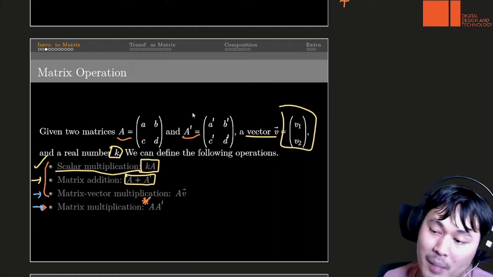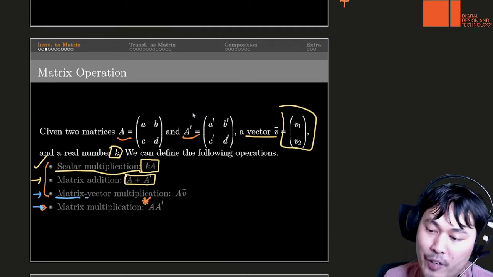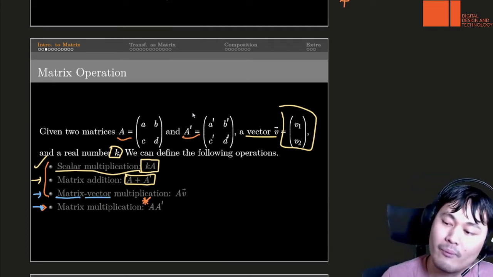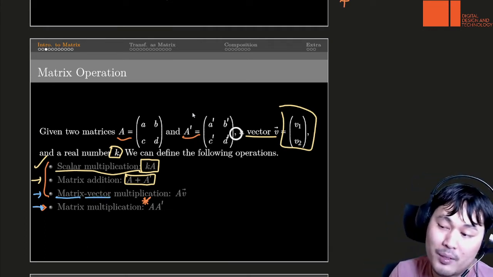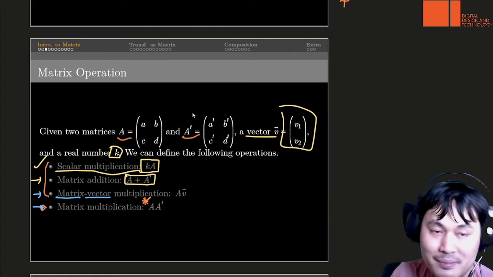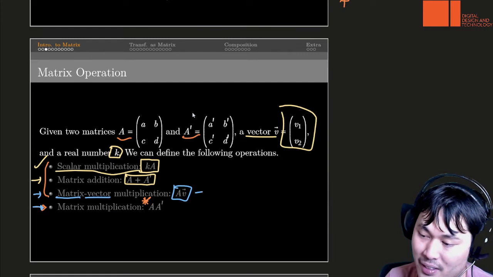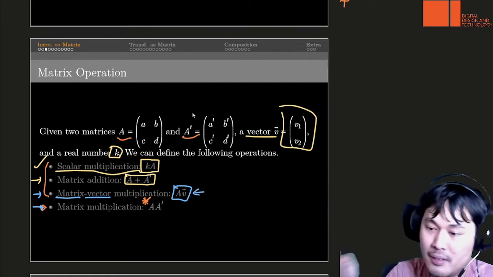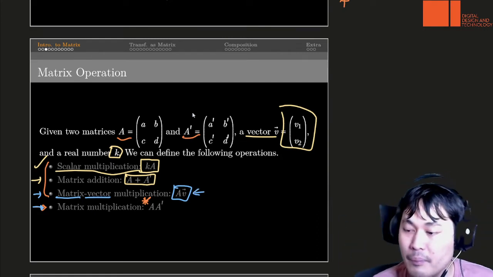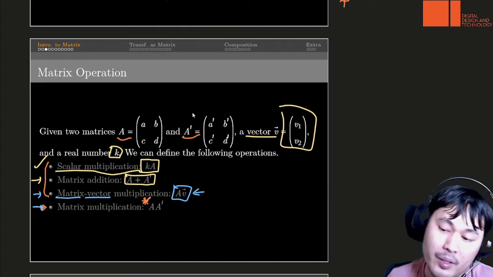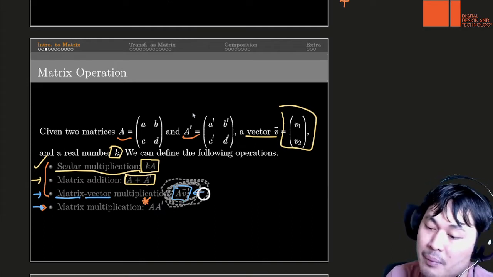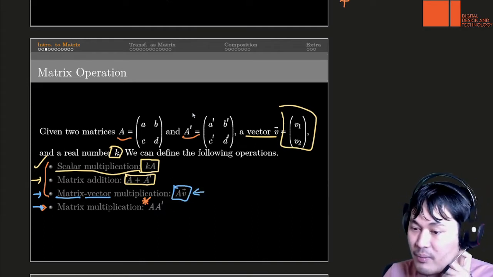So you can multiply a matrix to a vector. Multiply a matrix, this 2x2 matrix, to this vector. And interestingly, this is exactly what we need to fill in the gap from last week. What we couldn't do last week can be done using this notation.